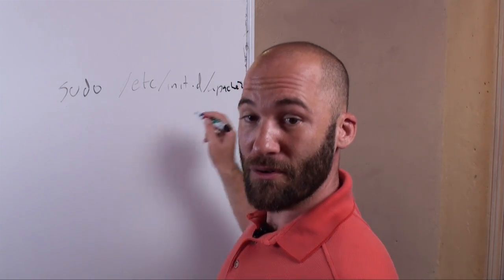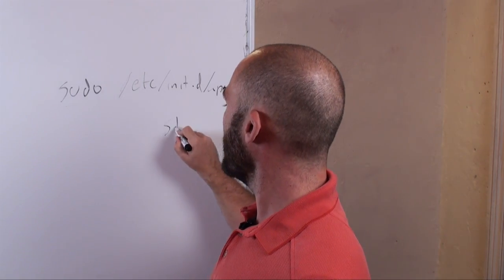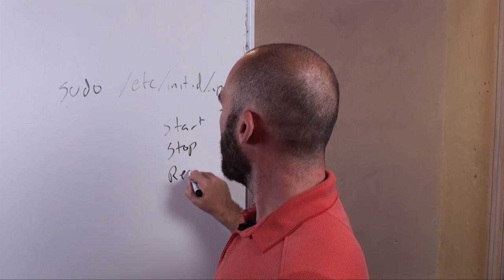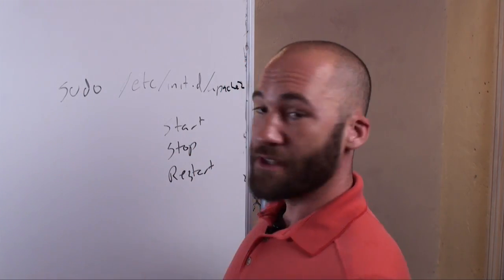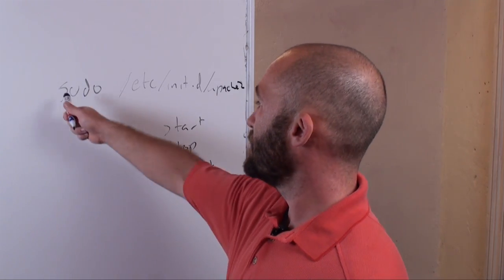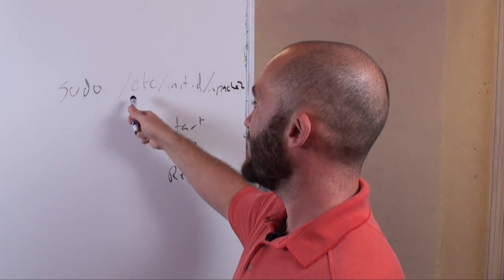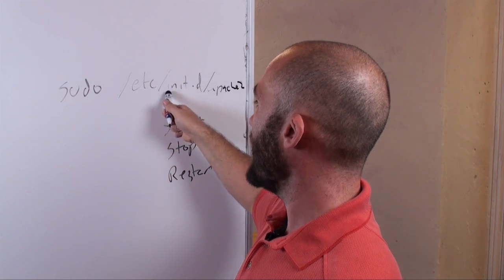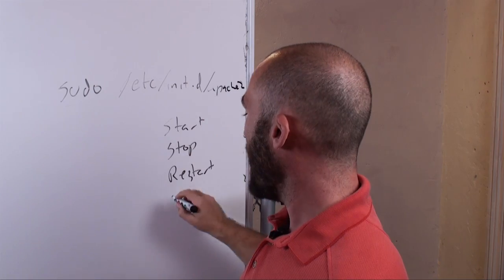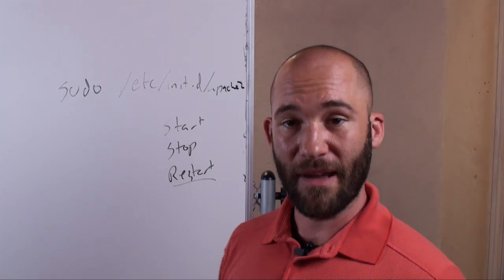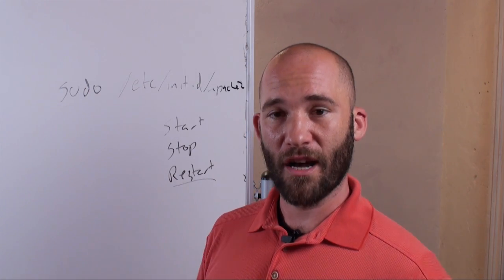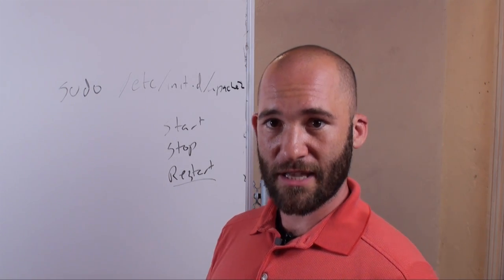And then all you do after the space is you say start, stop, or restart. So let's say you change the configuration files in the Apache 2. You would do sudo space /etc/init.d/apache2, and then you would do restart. And that would restart the Apache 2 service, which would bring online whatever configuration changes that you made.